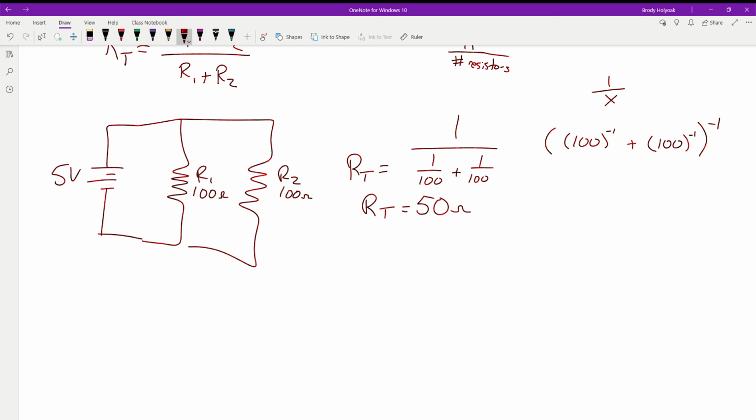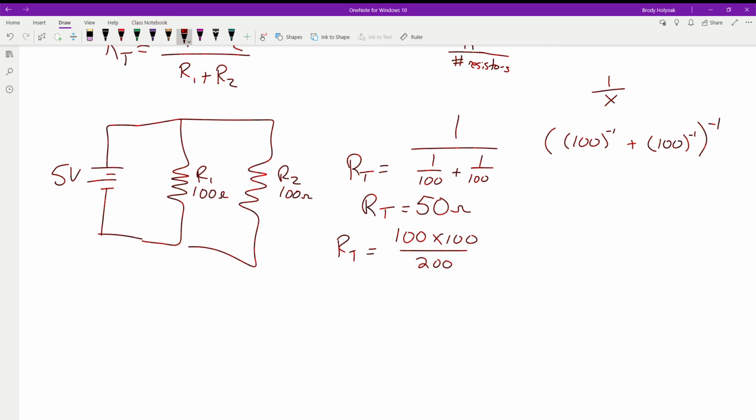Yep. Okay, so like I said, we use the reciprocal method. We take the reciprocal of each of these values, add them all together, and then take the reciprocal of that. So that's the first way to do it. The second way is we take the product over the sum. So we take 100 times 100 divided by 200.